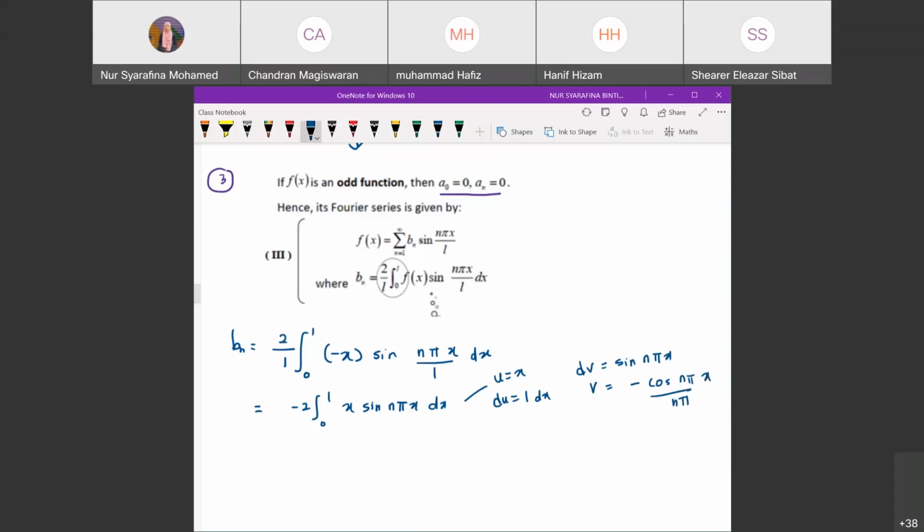So substitute, we have negative 2, uv minus integral of v du.